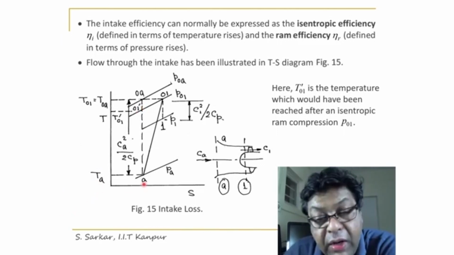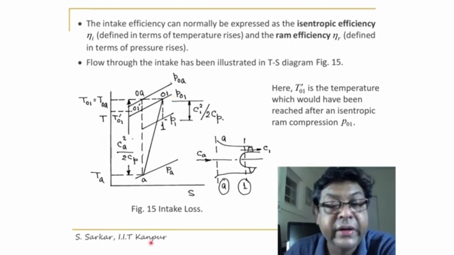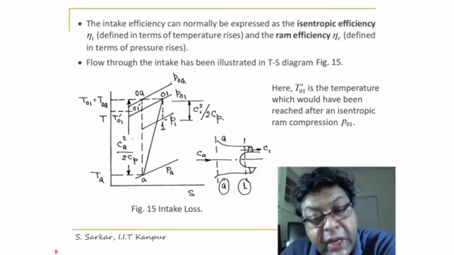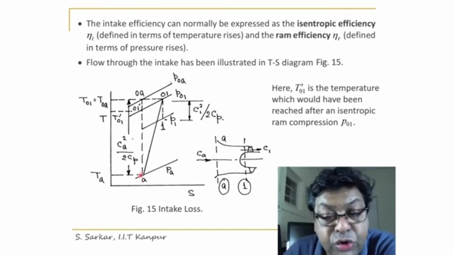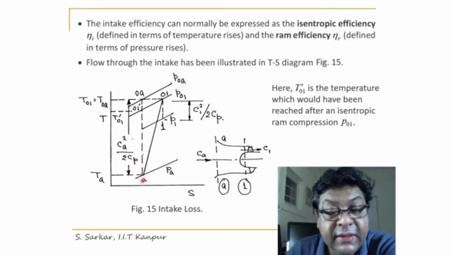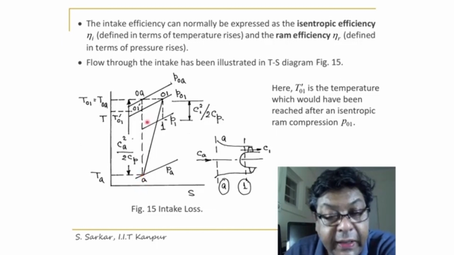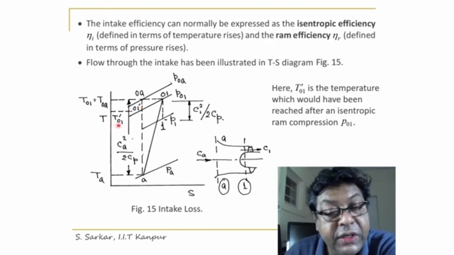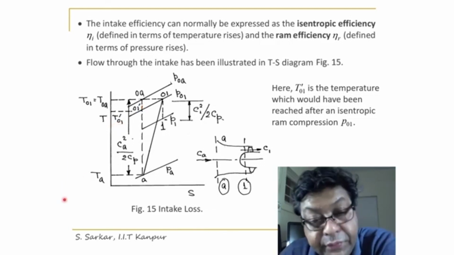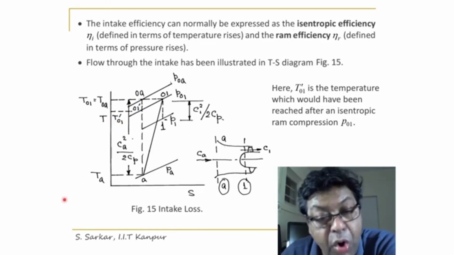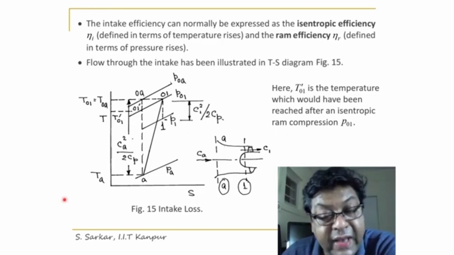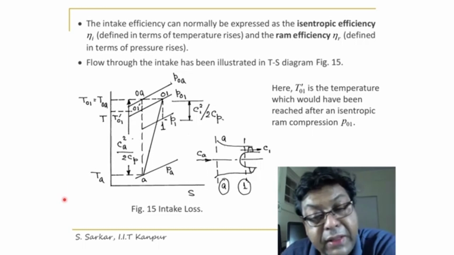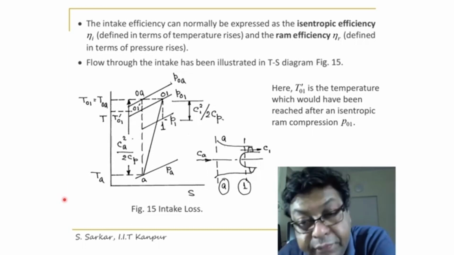So the actual diffusion of air has been indicated here by the firm line, and the corresponding isentropic diffusion is A to 01 dash, where temperature is T01 dash. Thus, at the point 01 dash, the temperature is T01 dash and the pressure is P01.